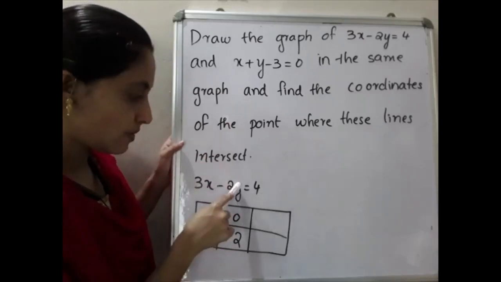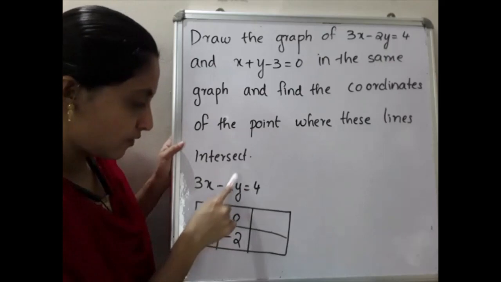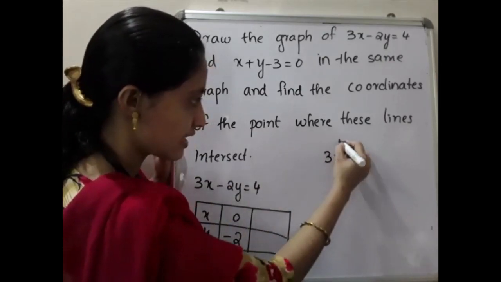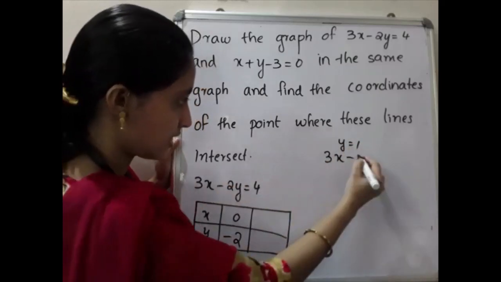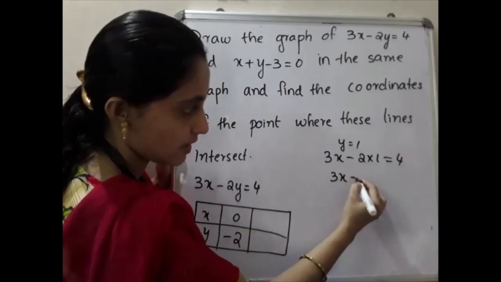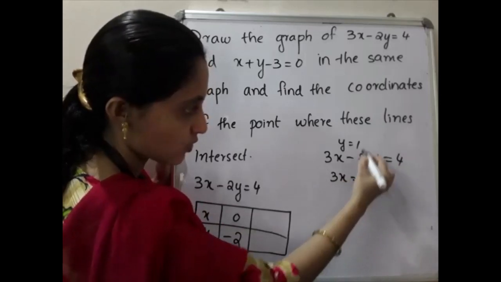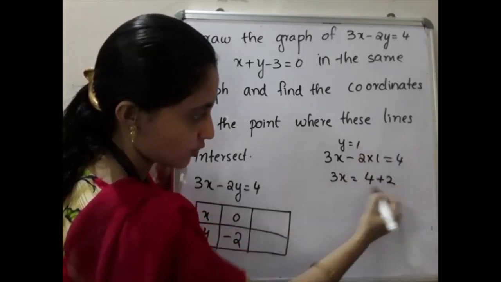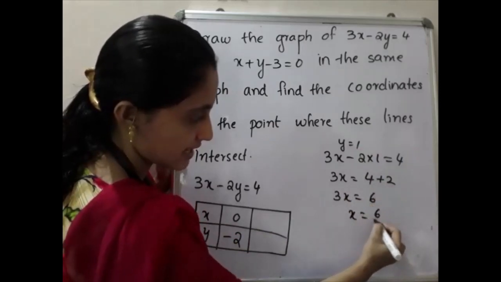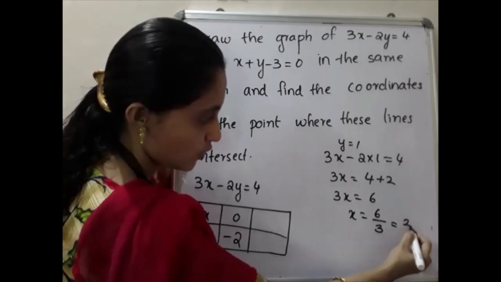That is, we put y is equal to 1. Substitute here: 3x minus 2 into 1 is equal to 4. So 3x will be equal to 4 plus 2, 6. So x will be equal to 6 by 3, that is equal to 2.